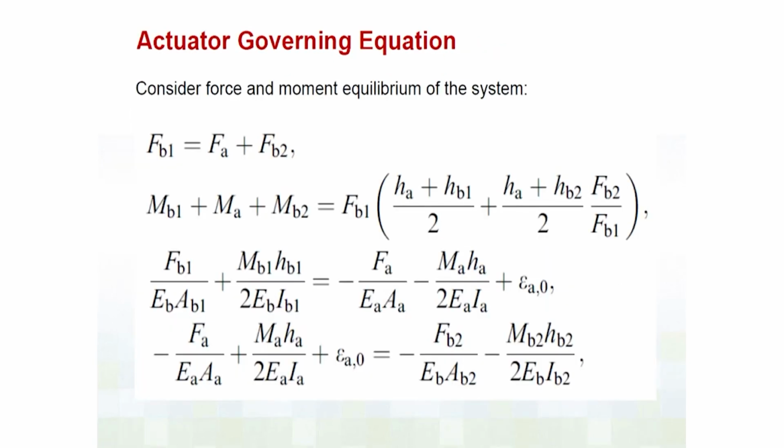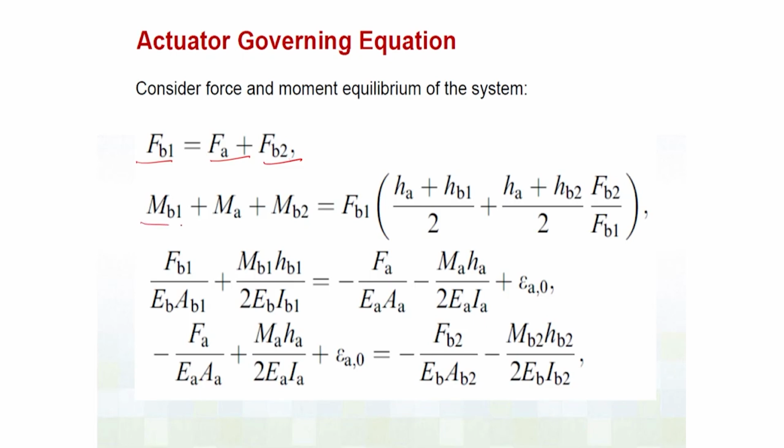Now, if you want to create a bending, you can see that the total force can have an equilibrium between the tensile force and the compressive forces. So, FB1 is FA plus FB2, and depending on that FA you can always change the nature of the force.